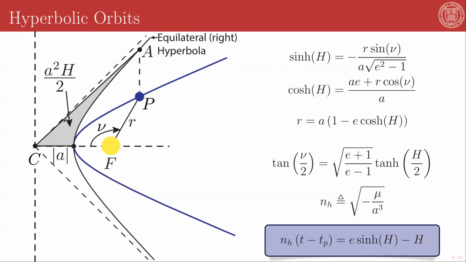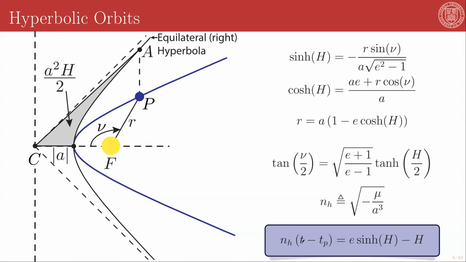If this shaded region is defined as the semi-major axis squared times the hyperbolic anomaly over 2, then what we get are sets of expressions that are identical to the ones that we got for ellipses, except that they are all in terms of hyperbolic functions rather than trigonometric functions. But other than that, things are exactly the same.